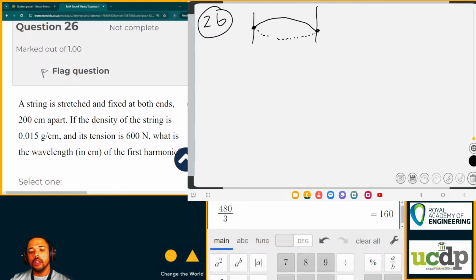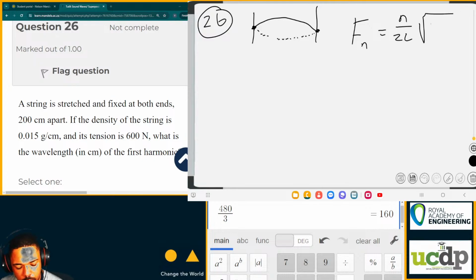And you can calculate that fundamental frequency easily enough. All you need is just to use this formula. The fundamental frequency, or any frequency for that matter, is equal to n over 2L, if I remember correctly, times the square root of the tension divided by the mass density.